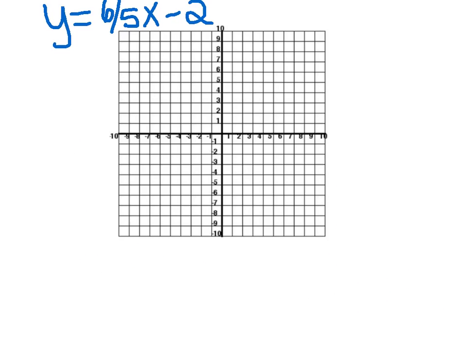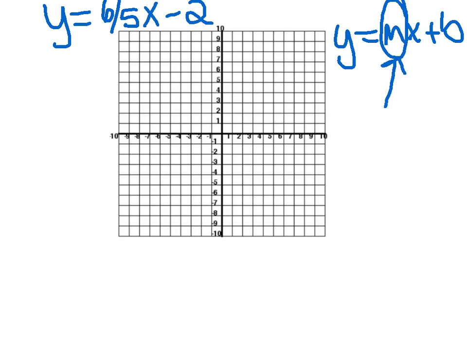When looking at our problem, y equals 6/5 x minus 2, we want to look at each piece. Now, if we look at our formula, y equals mx plus b, we can decide what each one means. The m, in this case, would be our slope.